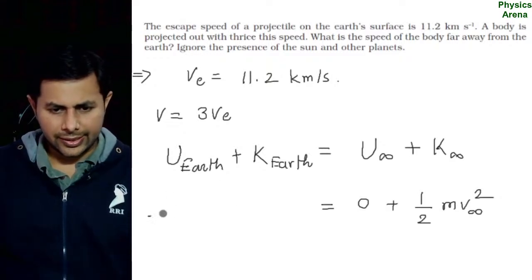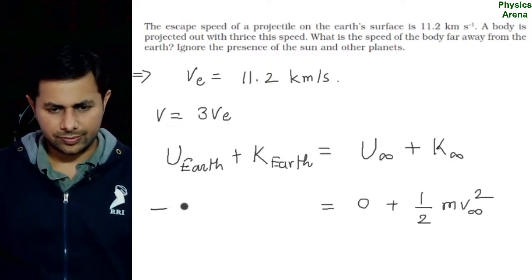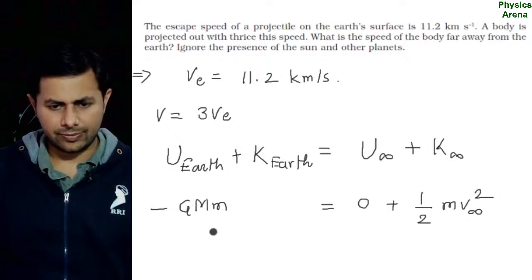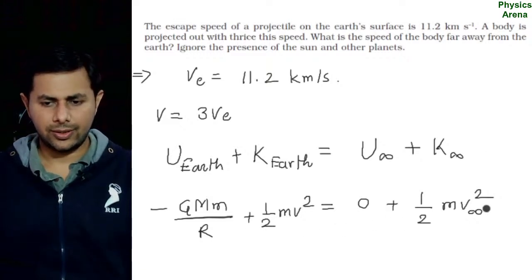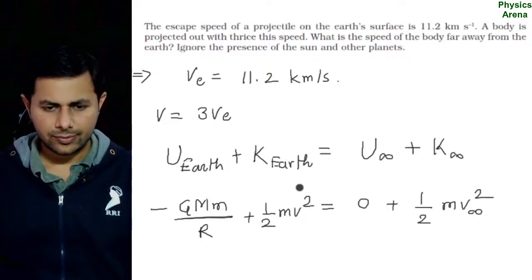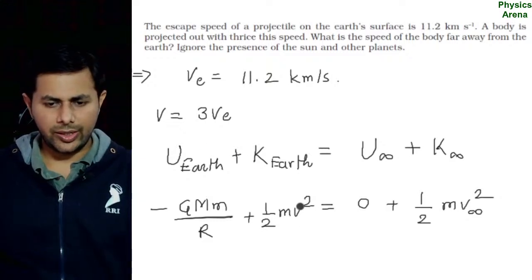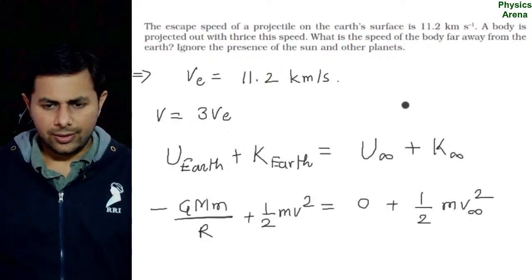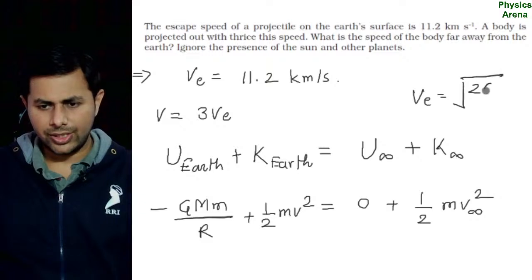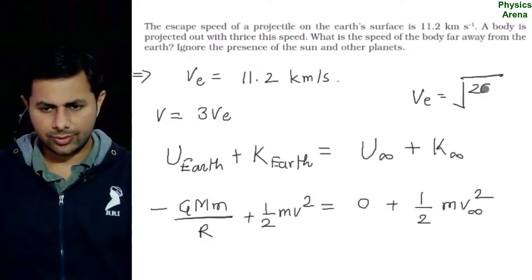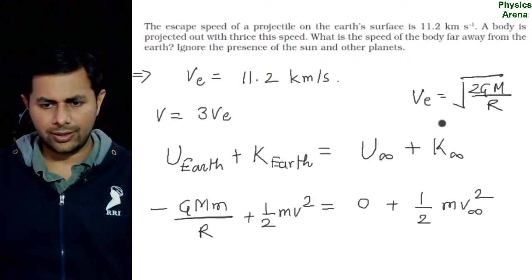So U at earth is minus GMm over capital R, plus K on earth is half of m times v squared. Now let's solve this. We can substitute v equals 3 times v_e, and if you remember, v_e equals the square root of 2GM over R.